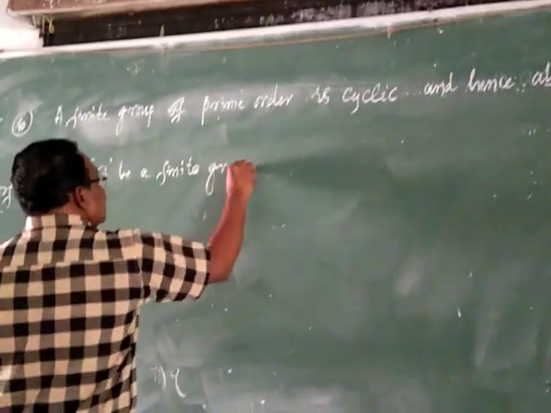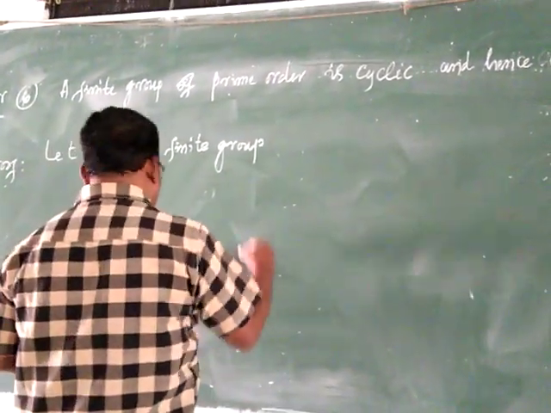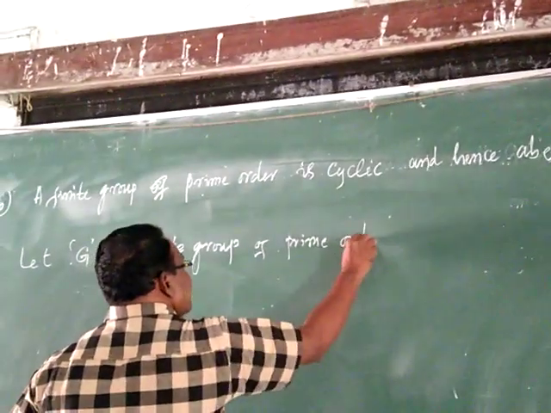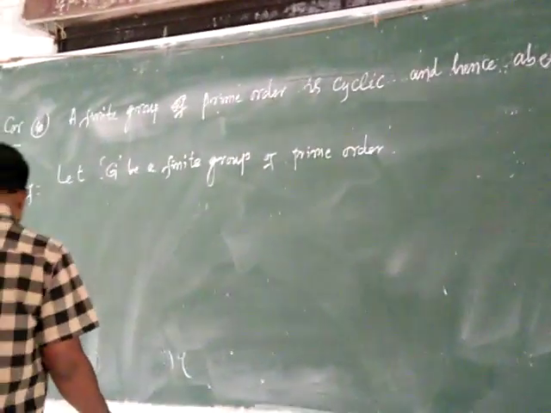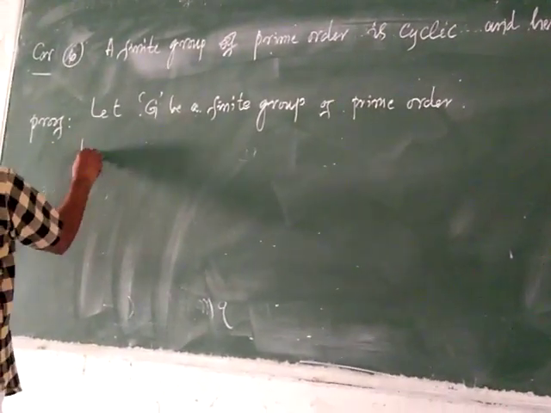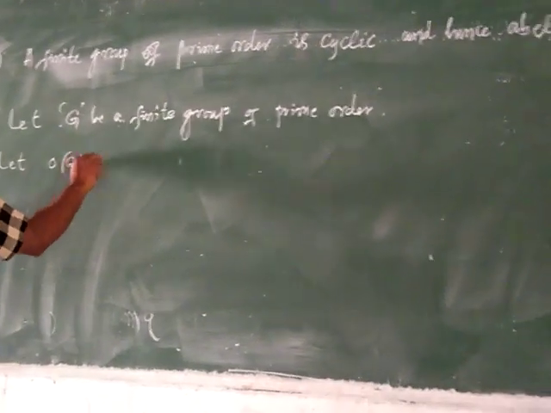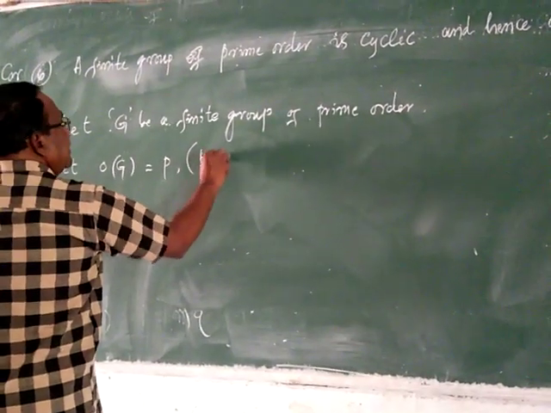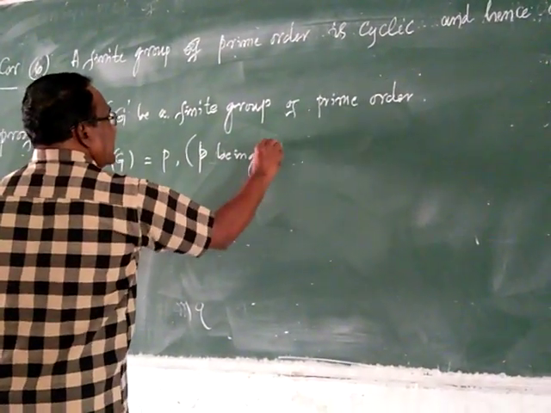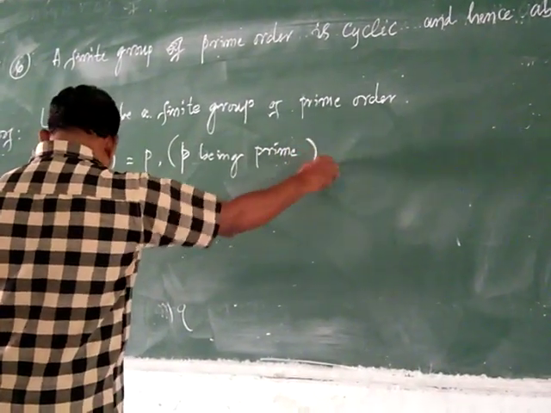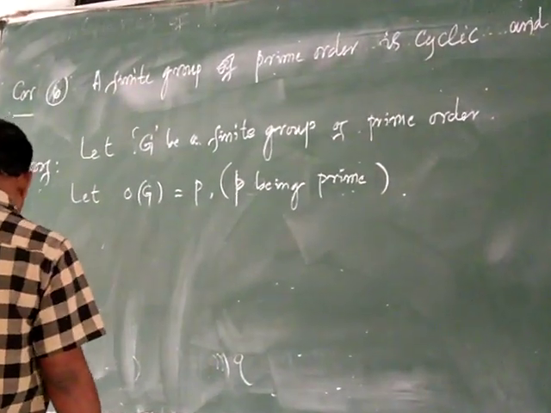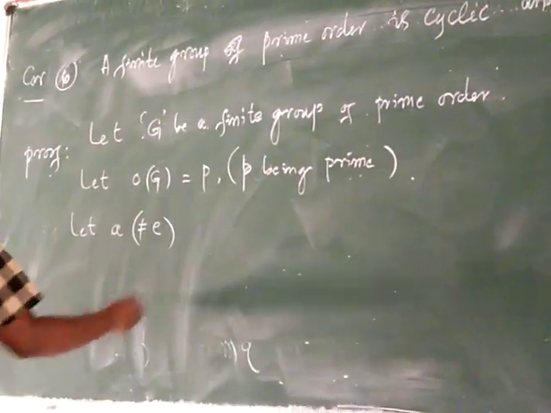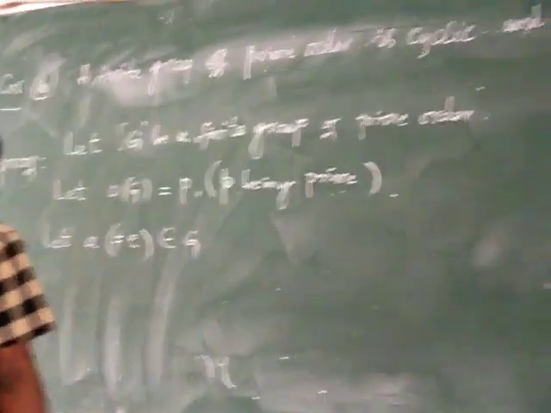Let order of G be equal to p, p being prime, and let a be an element, of course, which is not equal to e. a not equal to e be any element of G.